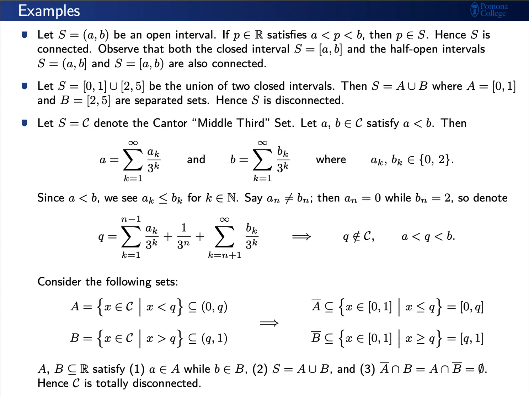First, lowercase a is in capital A, lowercase b is in capital B. Second, the entire set of Cantor numbers is the union of A and B. And third, the intersection of A bar with B is the empty set, and the intersection of A with B bar is also the empty set. This actually means that the Cantor middle third set is a totally disconnected set.